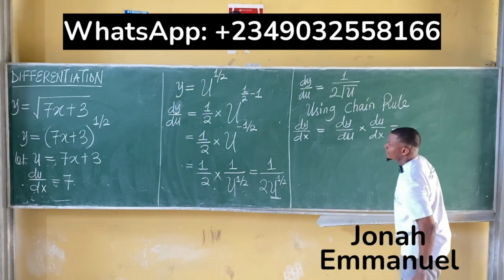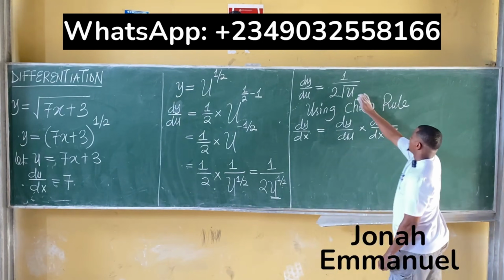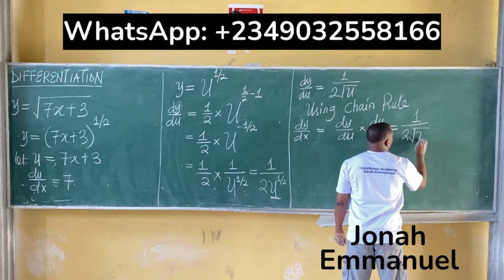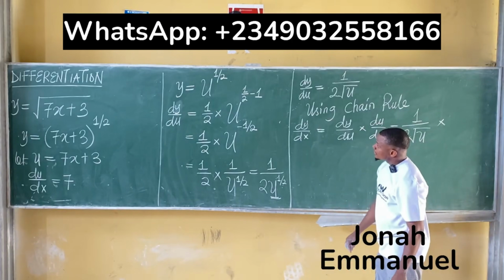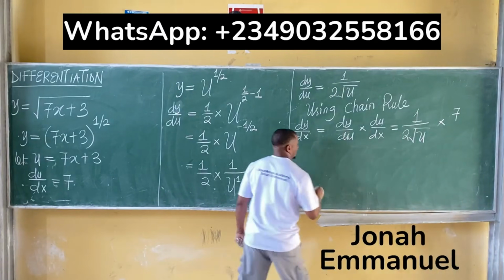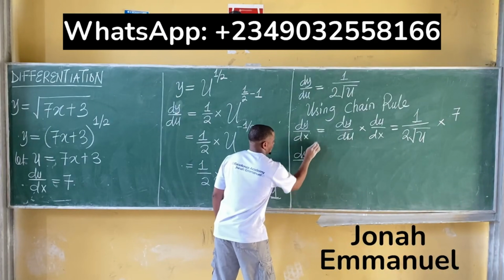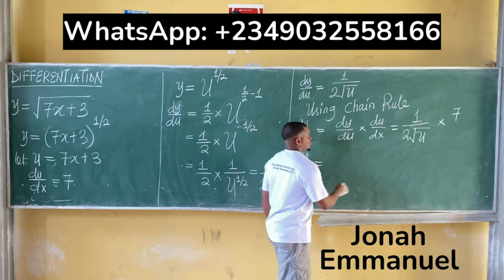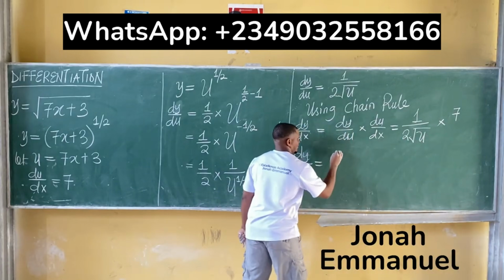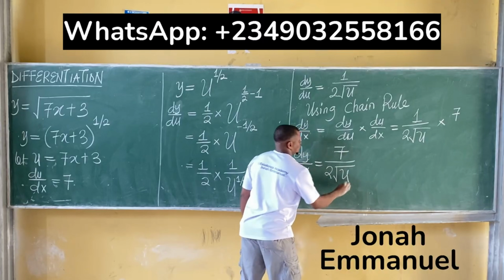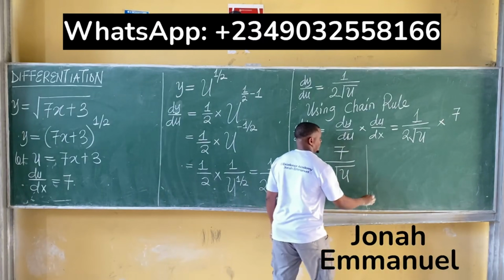What's dy du, please? 1 all over 2 root u. What's du dx? The 7. So multiply them. dy dx is equal to 1 times 7, 7 all over 2 root u. What's the final step?